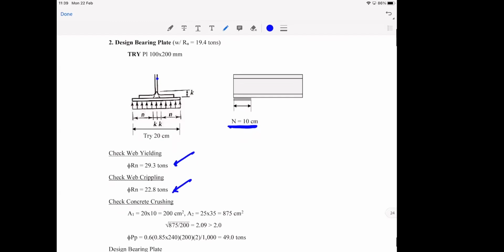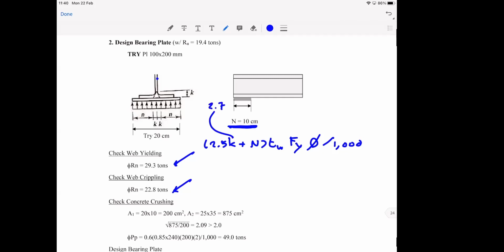But because this base plate is at the end of the beam, you would want to use the 2.5k plus N formula multiplied by tw and then multiplied by Fy, and the phi is equal to 1. Divide by 1000. That's the number that you're going to get. k here is 2.7.